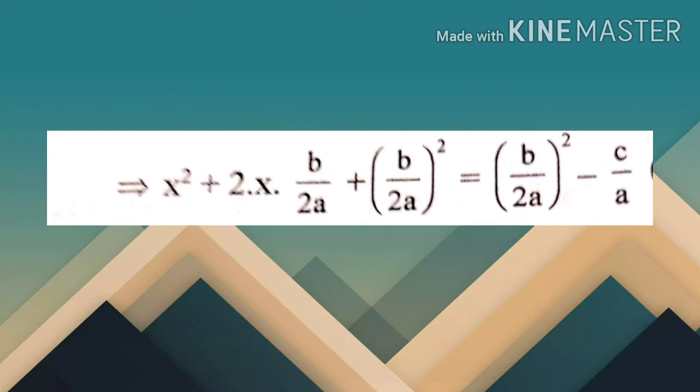We know that a² + 2ab + b² = (a + b)². So the left hand side can be written as the square of x + b/2a. This implies that (x + b/2a)² = b²/4a² - c/a.